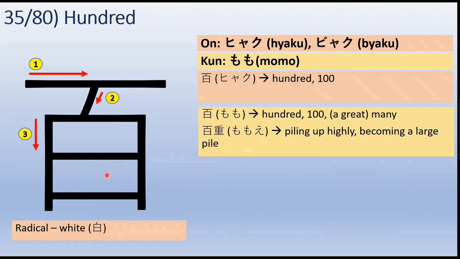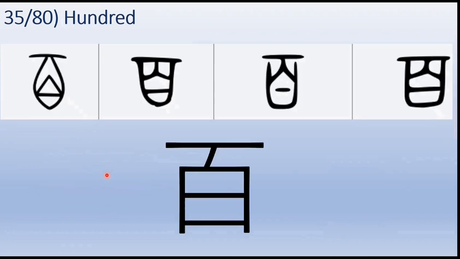So this is the stroke order. And here you can see the evolution of this symbol. Initially it was like this in the ancient period, then it evolved like this, and this has the closest resemblance with the modern character of 100, that is hyaku.